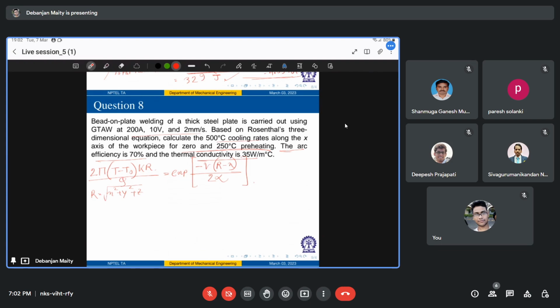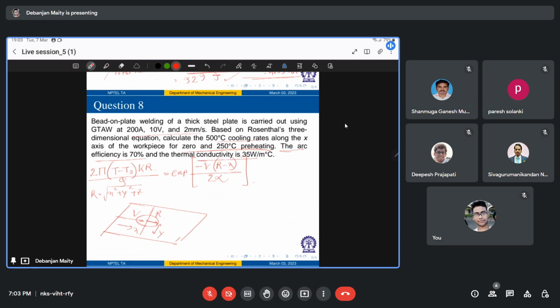It's like if you are doing this welding, and this is your welding speed, and somewhere here, if this is your x direction, towards x you have this radius r, and this is your y direction.